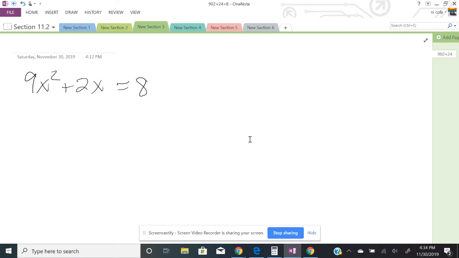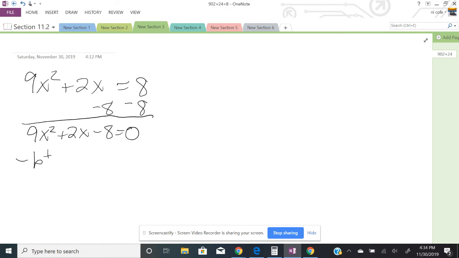What if I got something like this? The first thing I have to do is subtract 8, because I need to make it equal to 0. So I have 9x squared plus 2x minus 8 is equal to 0. Now I can use my quadratic formula, negative b plus or minus the square root of b squared minus 4ac, all over 2a.